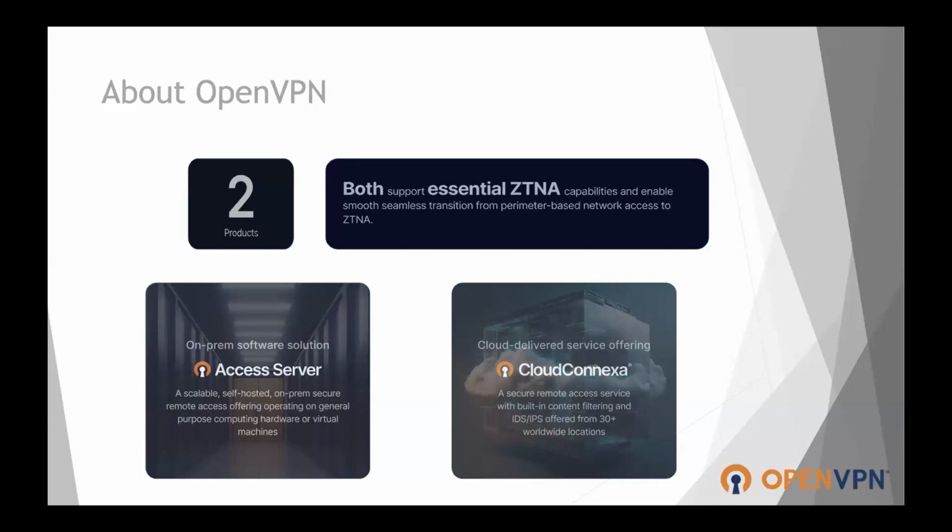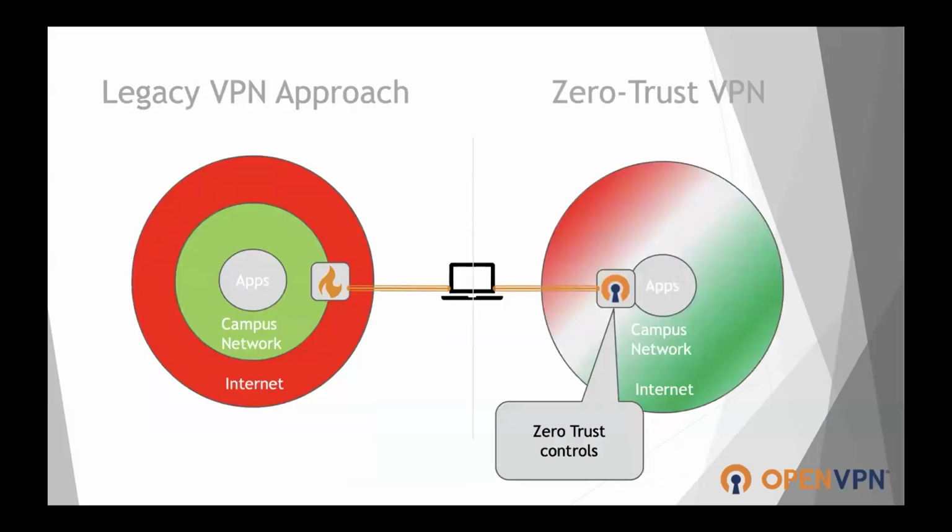So that's our cloud delivered offering. So you don't need to run your VPN servers. You just connect to one of our POPs. Both of these services have built-in zero trust features in them, and we will talk right now about what zero trust is and what those features are.